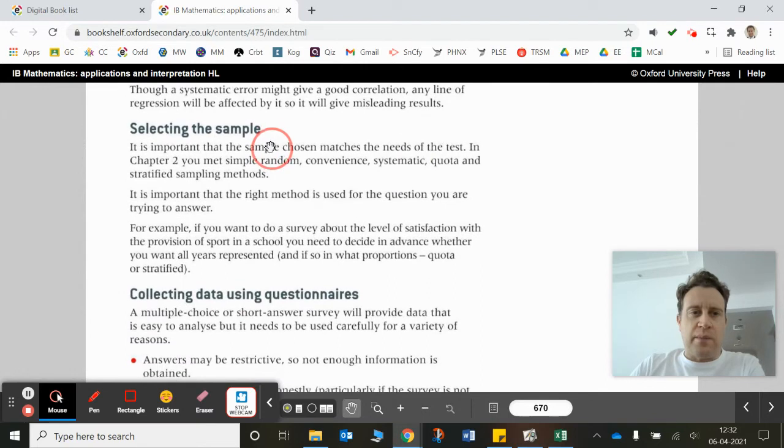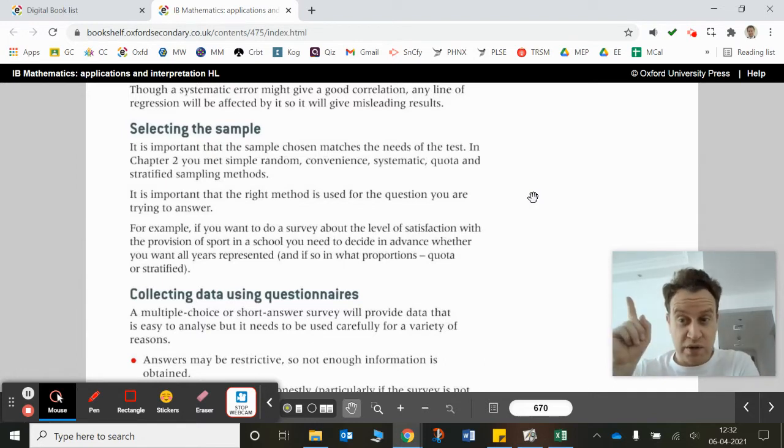So, selecting the sample as well. We talked in chapter 2 about the types of samples there are: simple random, convenience, systematic, quota, and stratified. Quota, by the way, is different to stratified. Most people get those two confused. Quota is a non-random sampling method, essentially saying, I want 50% men, 50% women, potentially based on the strata in the population.